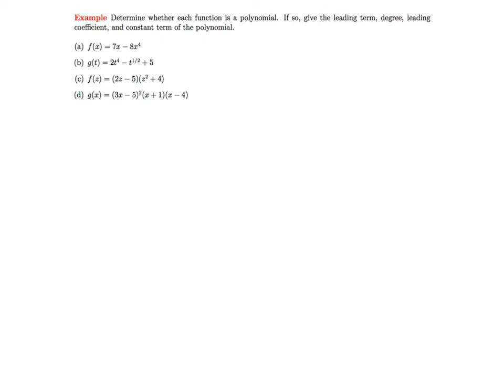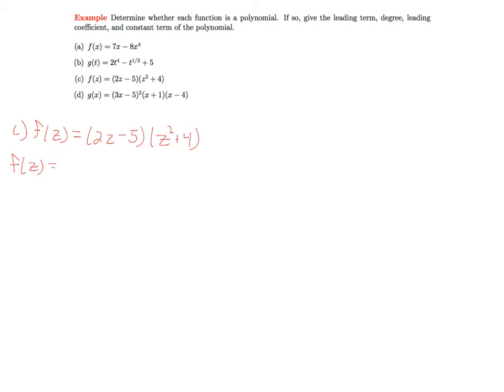For part C, we have a function which is given as a product of a couple of expressions. So we have 2z minus 5 times z squared plus 4. Before we identify the leading term and the constant term, let's write this polynomial out in its standard form.